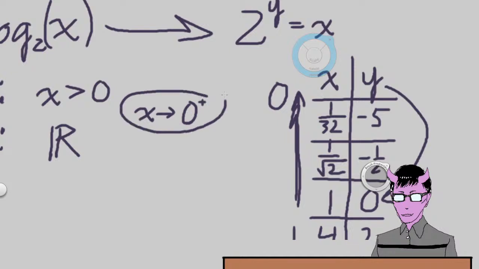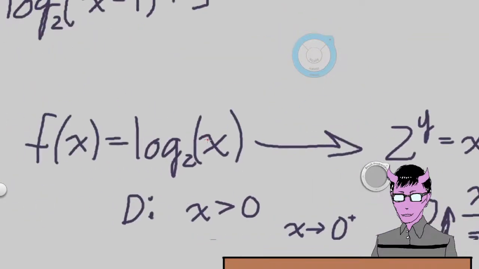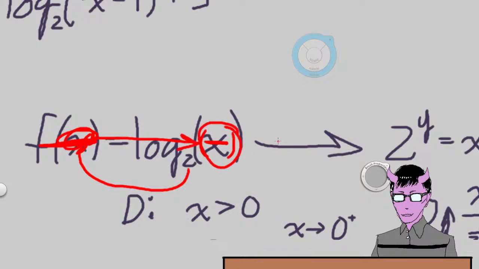So this is x approaches 0, but x is still a positive value. So we could pick something like 0.001. But again, we can't pick 0, and we can't pick negative values. Because if we pick a negative value, that's impossible to achieve, because 2 to the power of some y value that you choose, no matter what you think about, you can't get a negative.